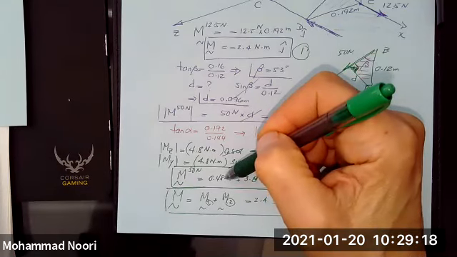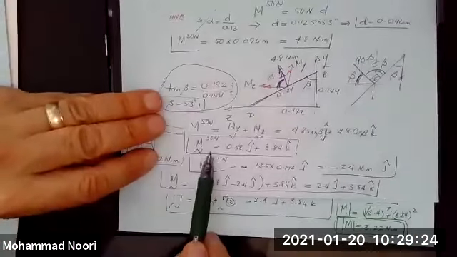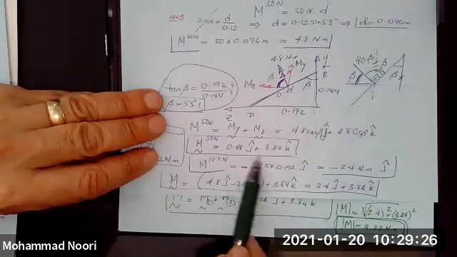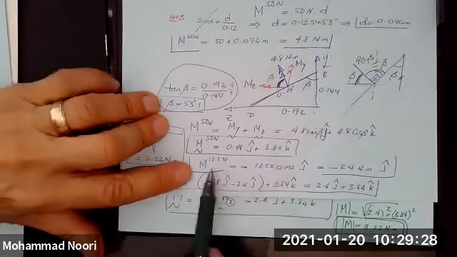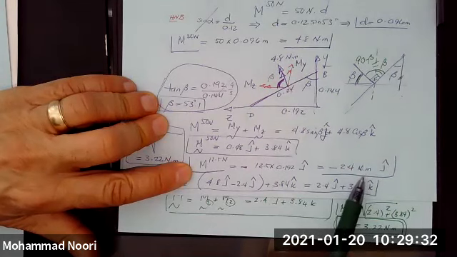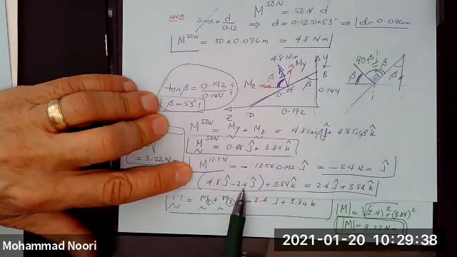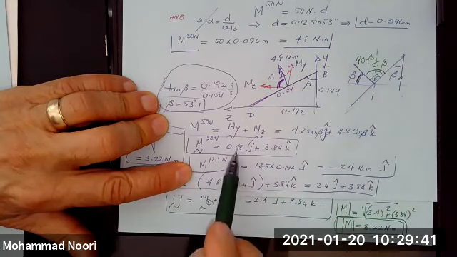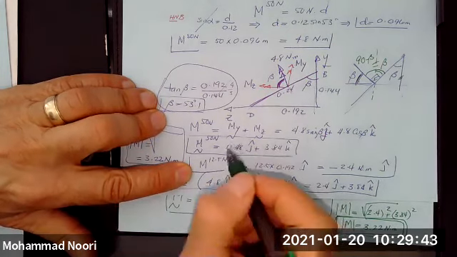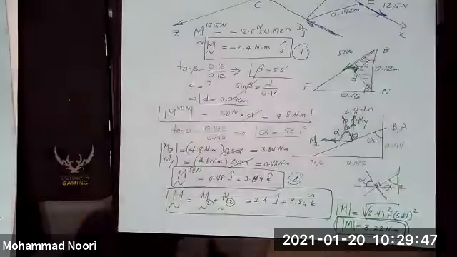no, I have this somehow wrong. I did it in the other class, I had that right. So moment of the 50 Newton comes out to be 0.48 plus 3.84. Moment of this comes out to be this. And so we have 4.8 J minus 2.4 J. So this is 4.8, not 0.48.